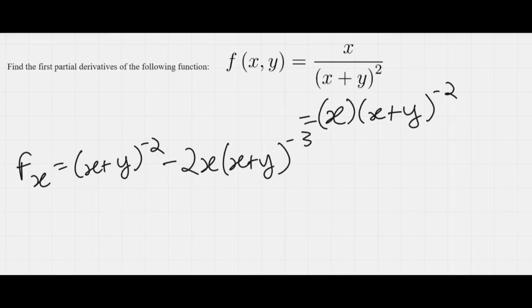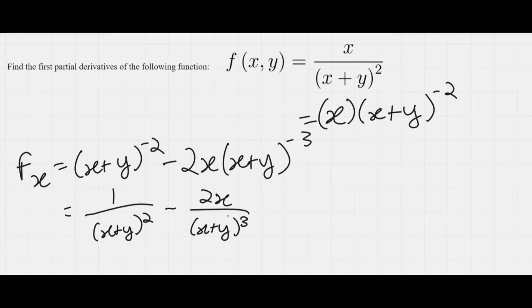Therefore, in order to simplify this and make it a much better expression, we can say that 1 over (x plus y) squared minus 2x over (x plus y) cubed is equivalent to the partial derivative. We can simplify this even further by finding a common denominator, thus removing the need to have two terms.